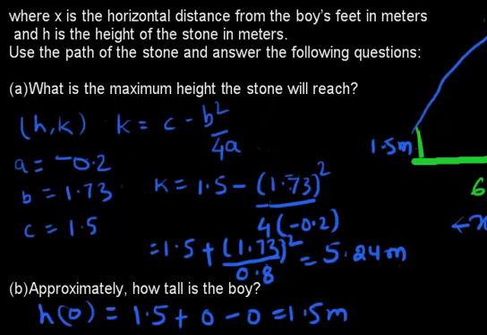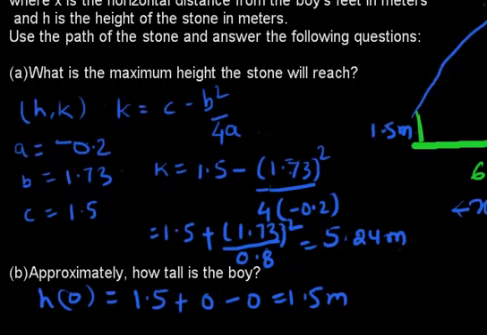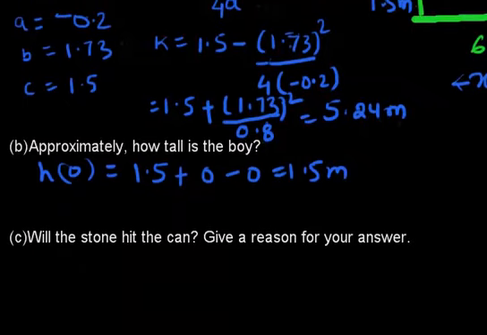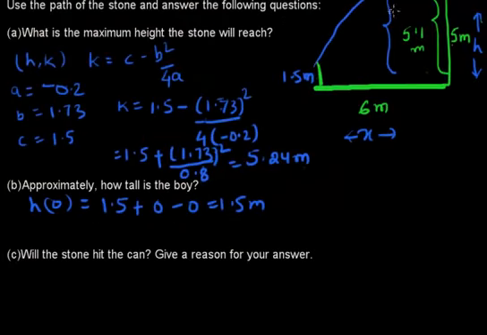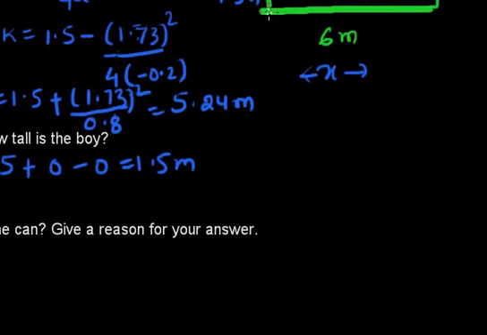Now if I look at the next question, will the stone hit the can? The only possibility when the stone will hit the can is the total height of the can, 5.1, at the horizontal distance of 6 meters.